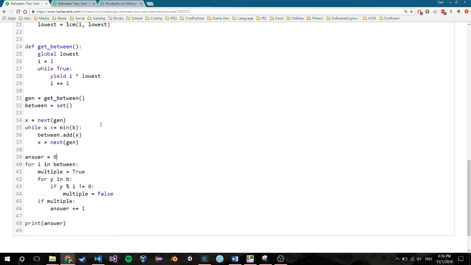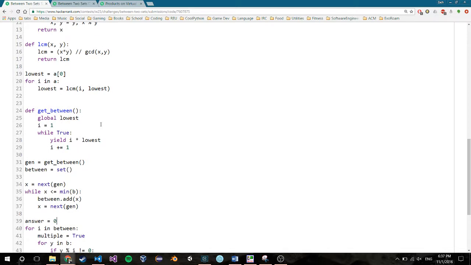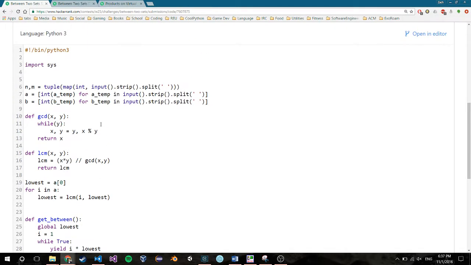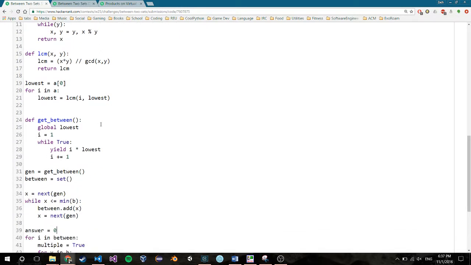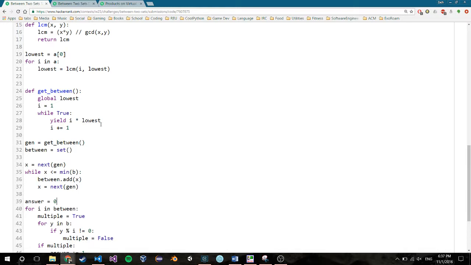Like 4, 8, 12, 16 to begin with, or did you do yours differently? Okay. This is probably the most straightforward way, but not the best by far. Yours is i times lowest, but mine's lowest plus lowest.